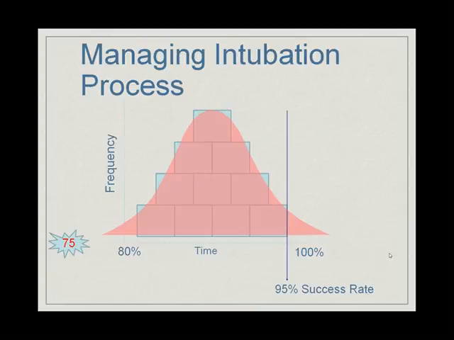Well, in this example, if we have a 75%, that's outside of what our process should be producing. So it makes sense to look at that individual month that we have a 75% intubation success rate. Otherwise, if we want to improve intubation success, we need to focus on the whole process and look at the way that we actually perform endotracheal intubations and work to improve the whole system.